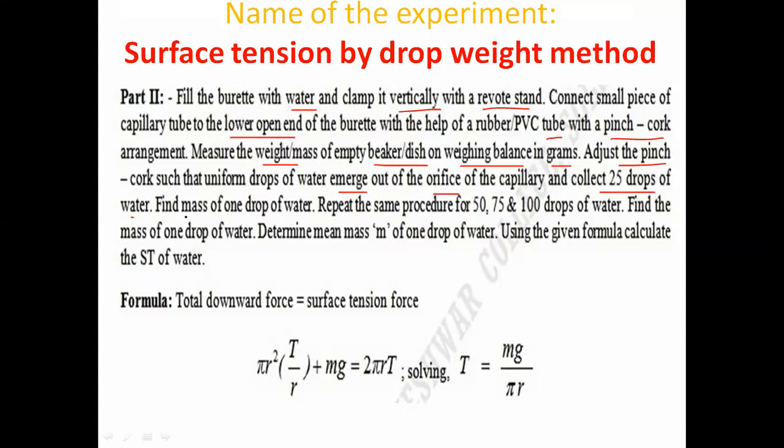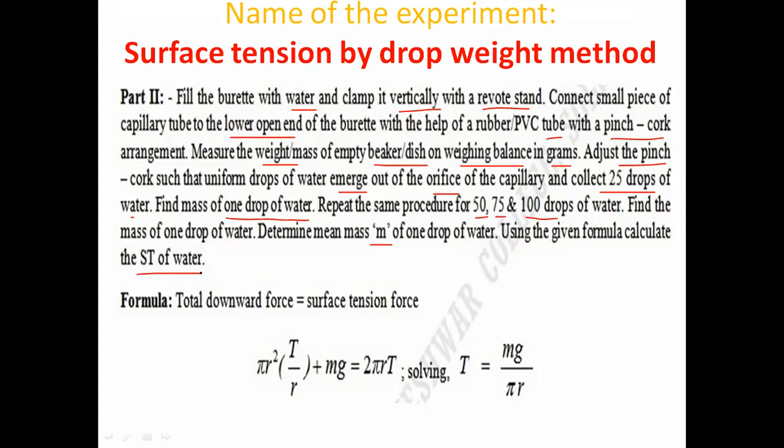After that, find the mass of one drop of water. Repeat the same procedure for 50, 75, and 100 drops of water. Find the mass of one drop of water and determine the mean mass, that is small m, of one drop of water. After that, using the given formula, calculate the surface tension of the water.